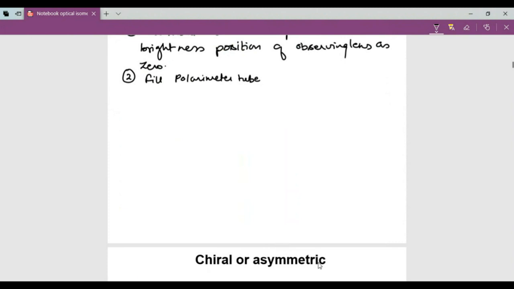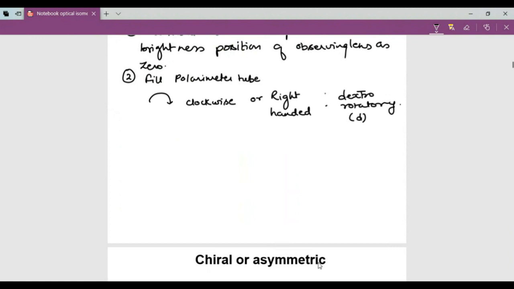So if the light is rotated in the clockwise direction, we can also call it right-handed. Then the Latin word is used: it is called dextrorotatory and is represented by small d.